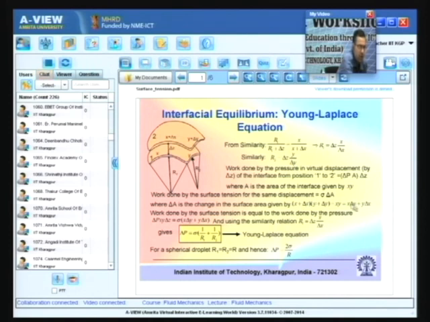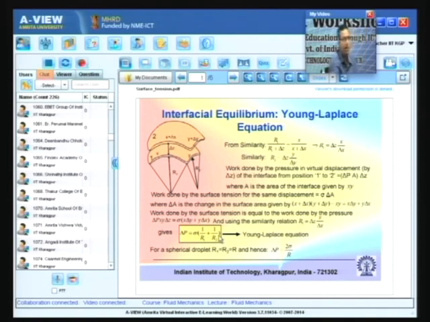So in place of delta z into x by delta x, we replace r1, and similarly we replace r2. If we write the work energy expression in terms of r1 and r2, we can write delta p is equal to sigma into 1 by r1 plus 1 by r2.